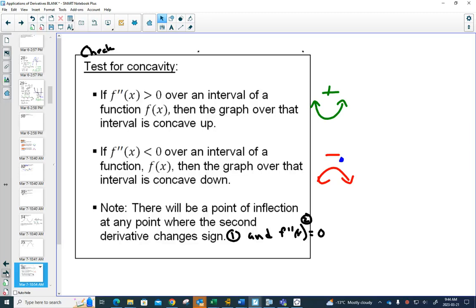So just like maxes and mins needing 2 reasons, inflection points need the 2 reasons as well. And we often forget this second one because 99.9% of your examples don't involve non-permissible values.